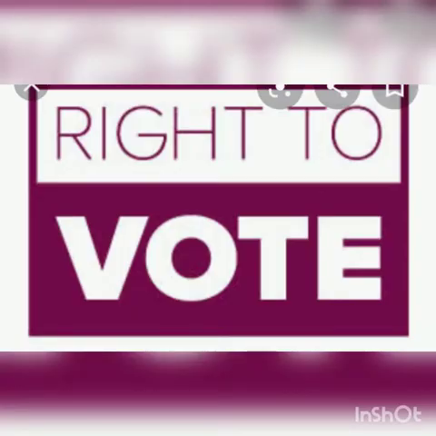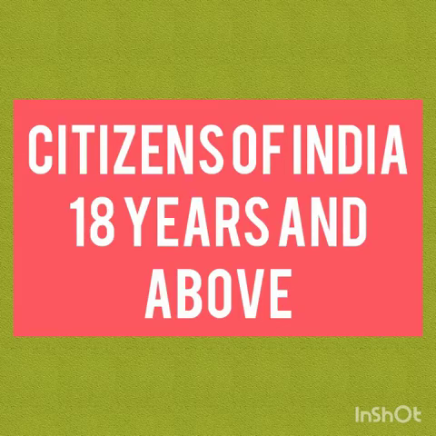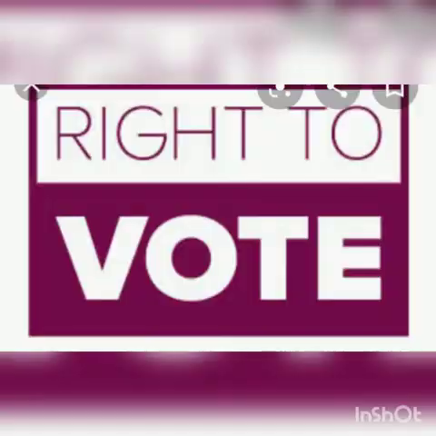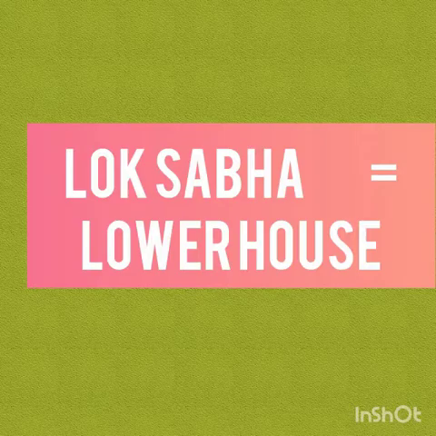Universal adult franchise means the right to vote. All people in India who are citizens of India and who are above the age of 18 have a right to vote. These people elect the members of the Lok Sabha.